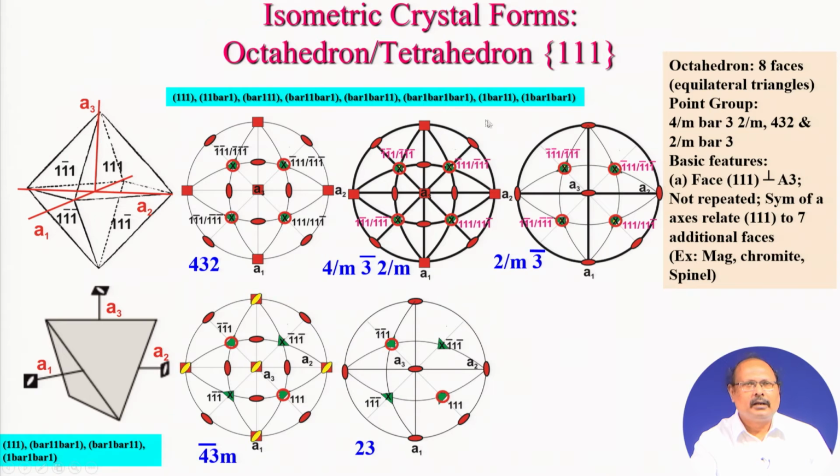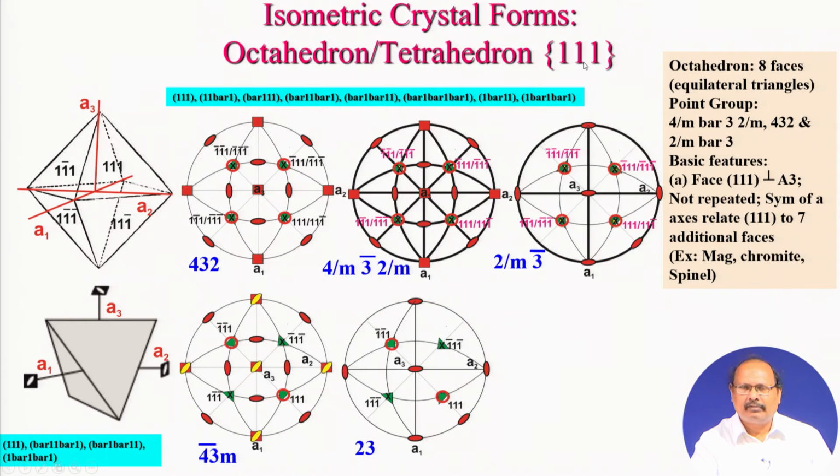Now the question is, what will be the position of 111? 111 is a crystal face which is perpendicular to a direction which has the symbol [111]. That direction is essentially a crystallographic axis, and that axis is a triad.